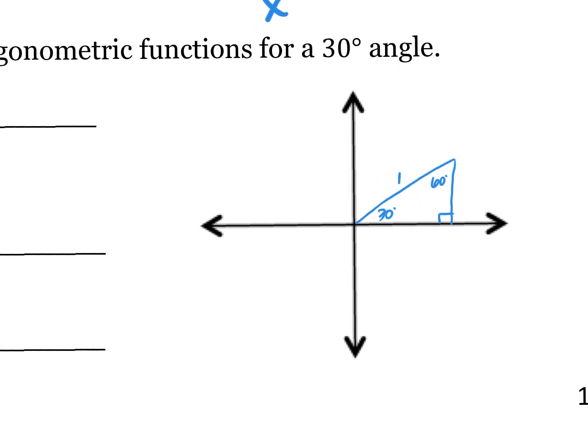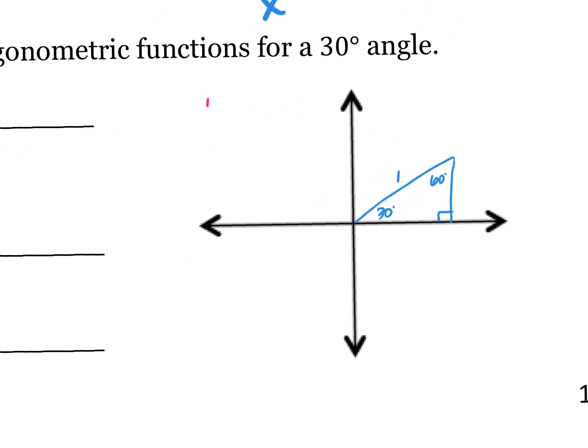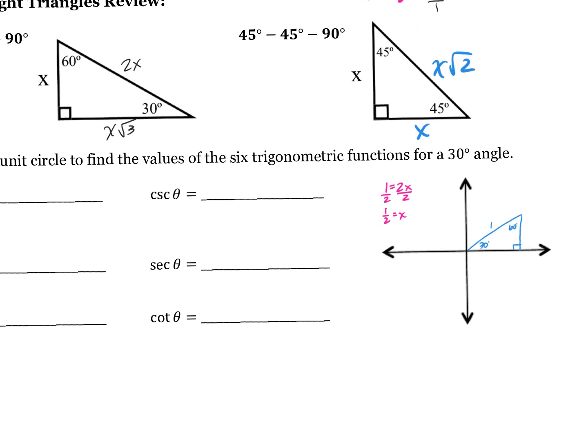The 2x leg. So if 1 is the 2x leg, I'd put that over here. Therefore, what would x be? Good, 0.5 or 1/2. You cool with that? The x is always across from which angle? The 30-degree angle. So this is going to be my 1/2 over here, correct?